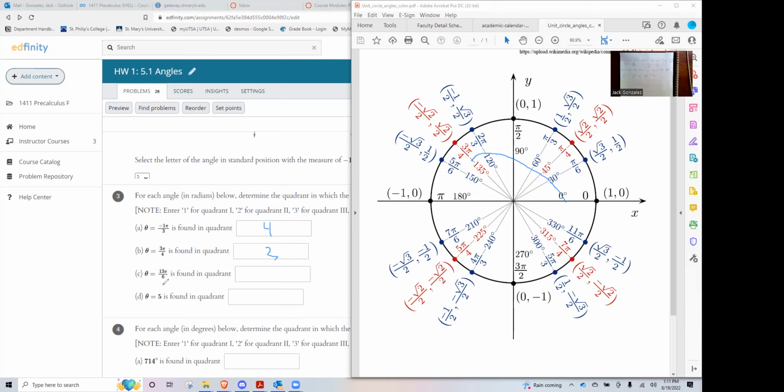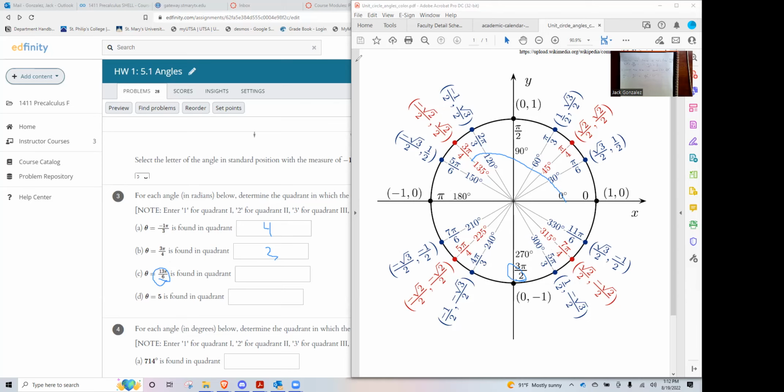So what you'd have to do is either convert it to degrees or get an idea, because we know pi is 3.14. If you punch this into your calculator, it's a little bit above 3.14, a little bit below this, so you can kind of figure it out, or just change it to degrees.